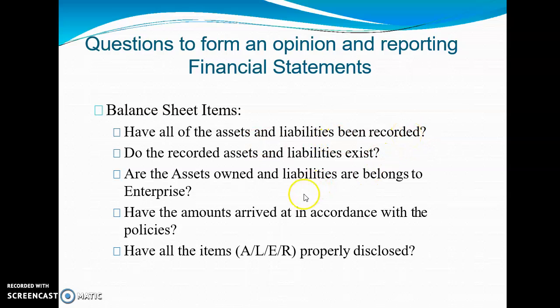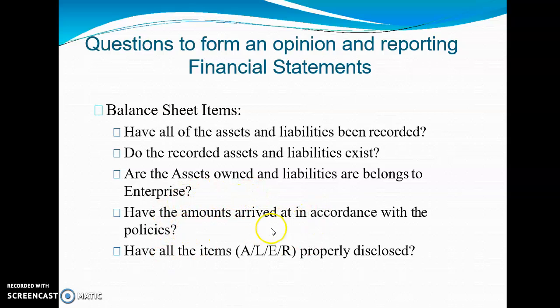To determine the sufficiency and appropriateness, as the auditor, there is a question in mind: have all the assets and liabilities been recorded, do the recorded assets and liabilities exist, and are the assets owned and the liabilities belonging to the enterprise? So those questions you, as the auditor, should ask in order to collect sufficient audit evidence.